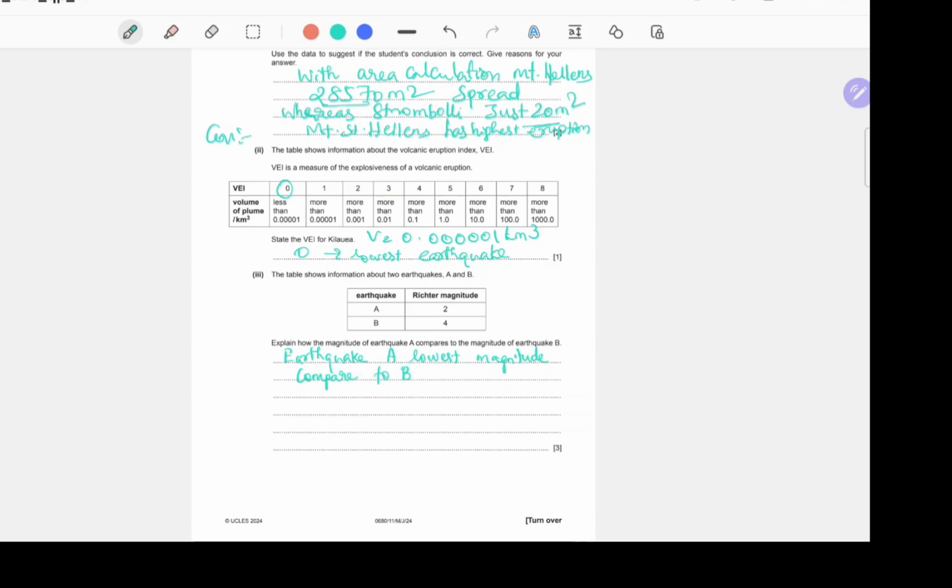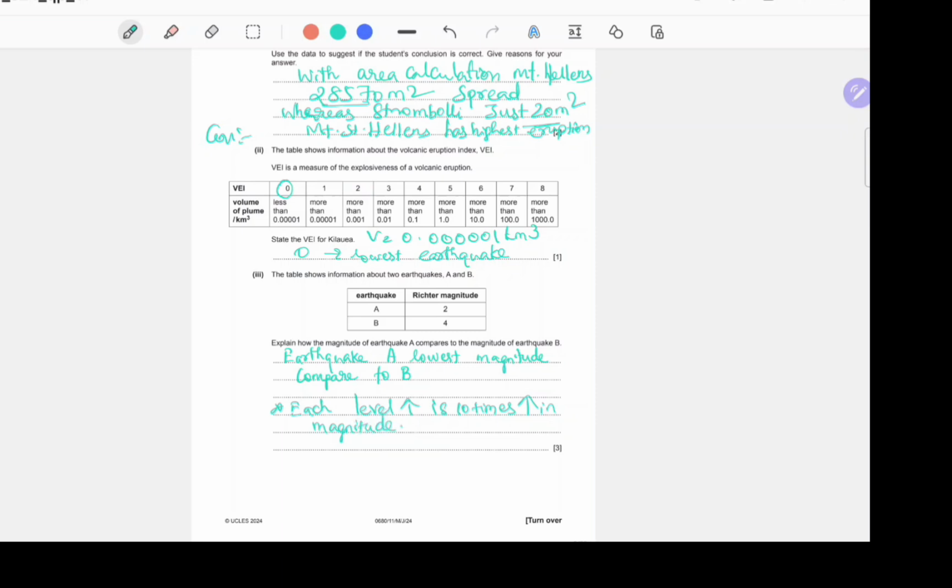Then with the magnitude, because each level increase is a 10 times increase in magnitude, this is the range they have to compare.